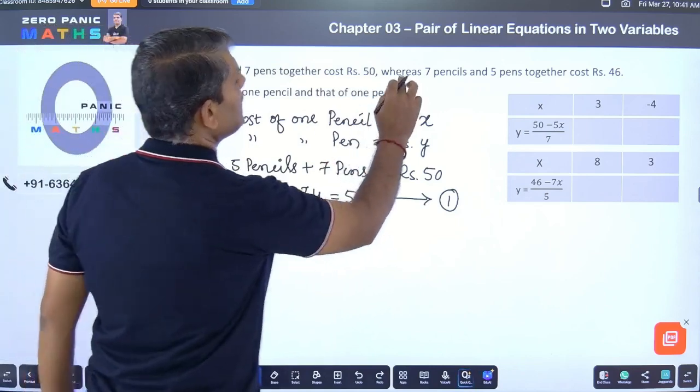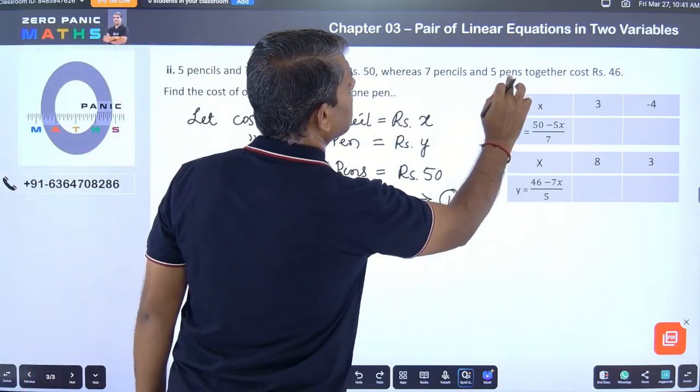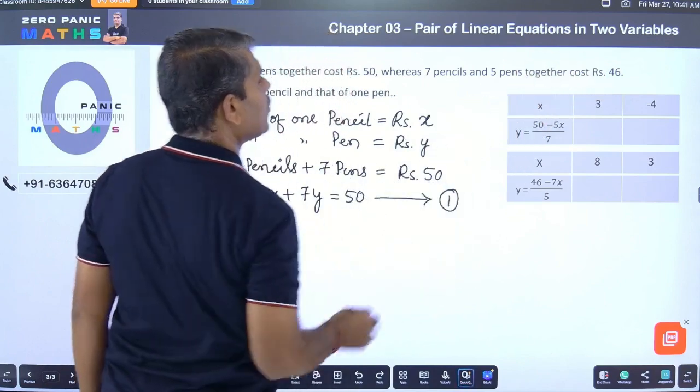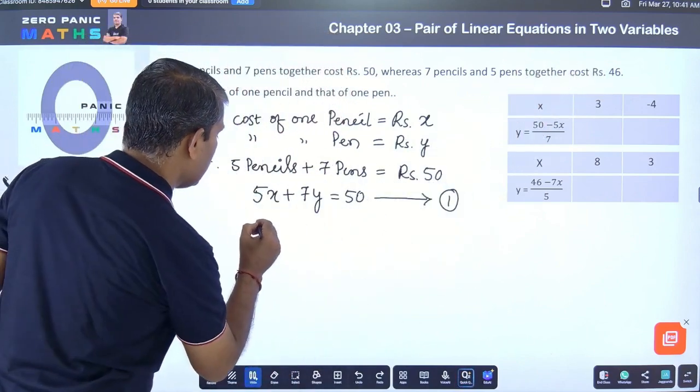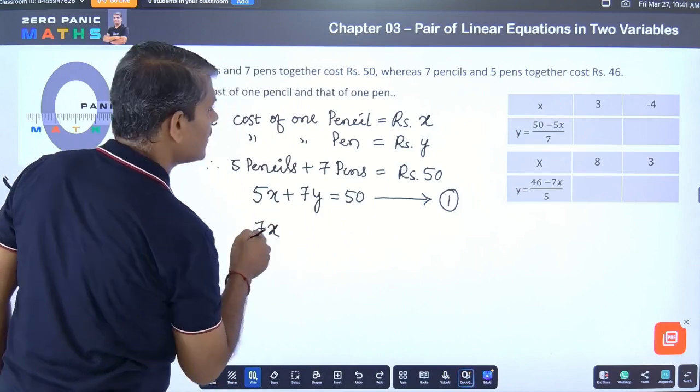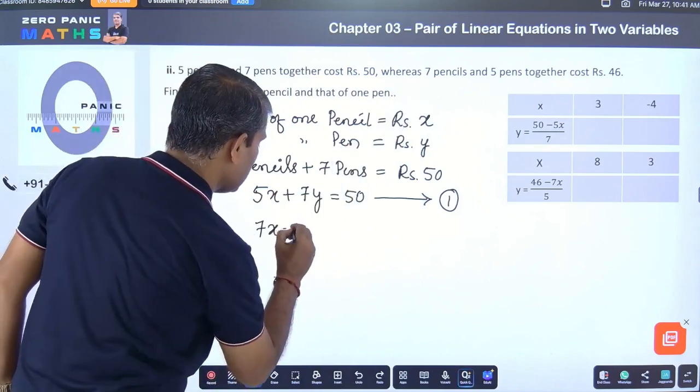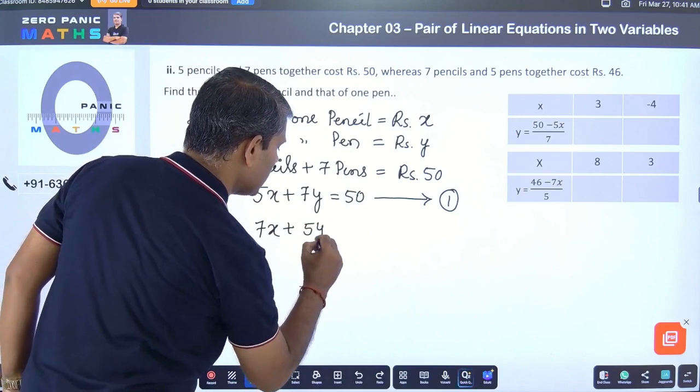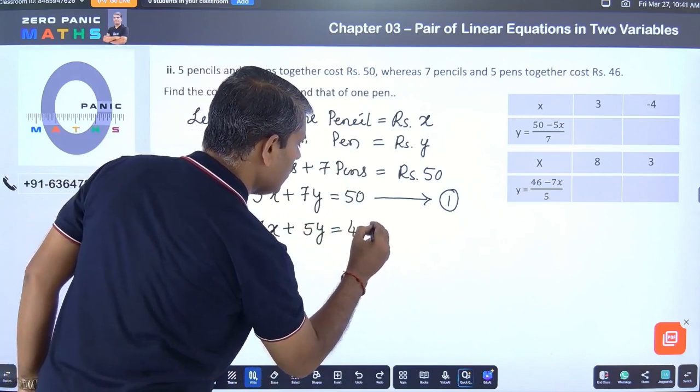Second, what is given? 7 pencils and 5 pens together cost 46. So similarly, 7x, which is 7 pencils, plus 5y, that is pens, is equal to 46.